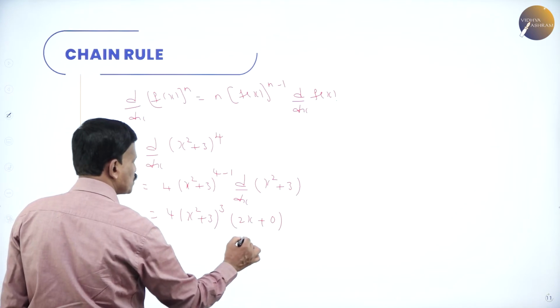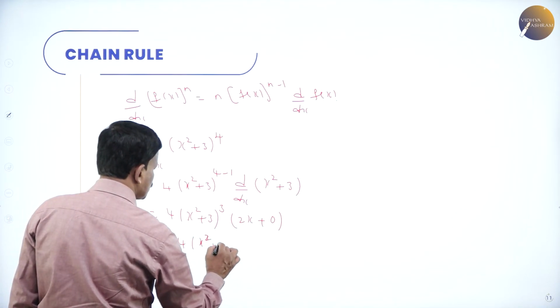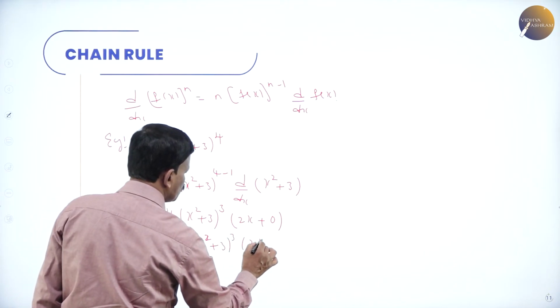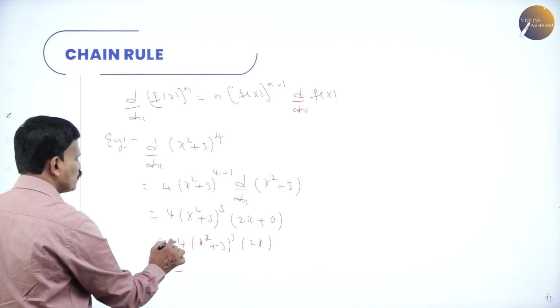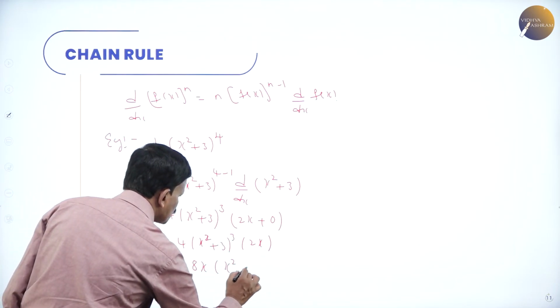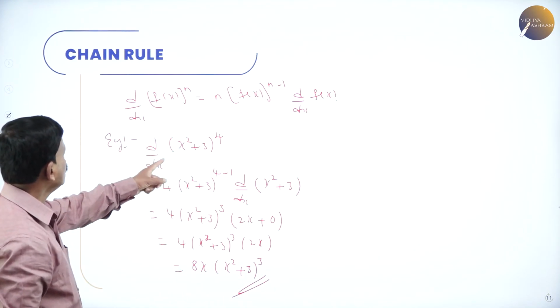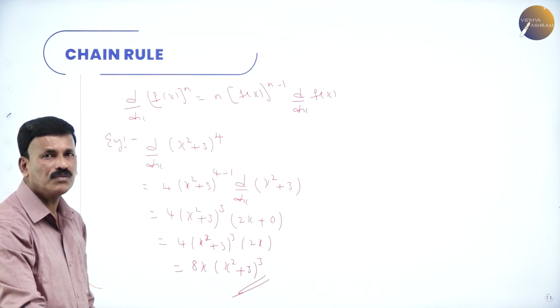So 2x plus 0 is equal to 2x. 4 into x square plus 3 whole cube into 2x. If you want to multiply, 4 into 2 is 8 times x into x square plus 3 whole cube. This is the derivative of x square plus 3 whole to the power of 4.